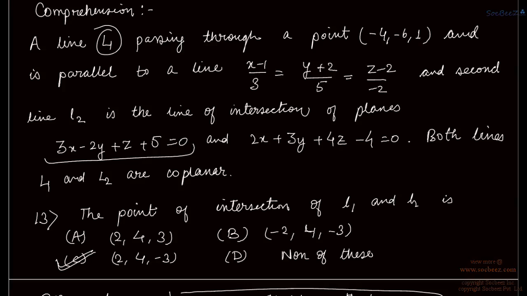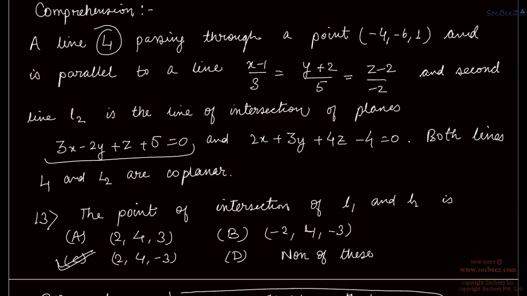So we already know the normal vectors of the given planes, that is 3x minus 2y plus z is equal to 5 and 2x plus 3y plus 4z is equal to 4, from which line L2 is being made, right? Because the planes intersect on a line, so that line is L2.